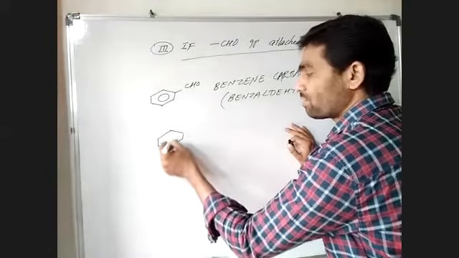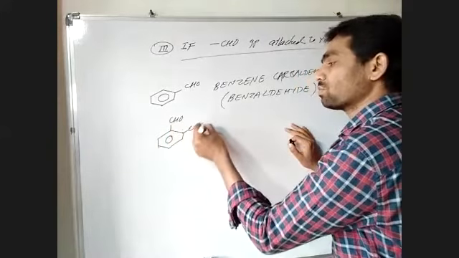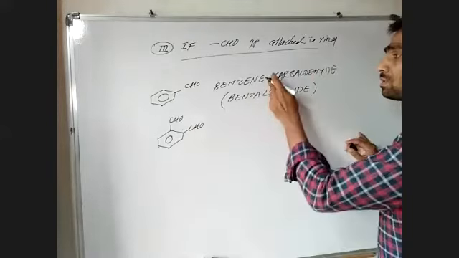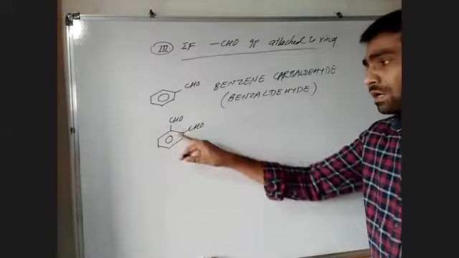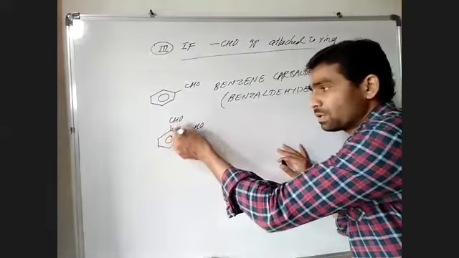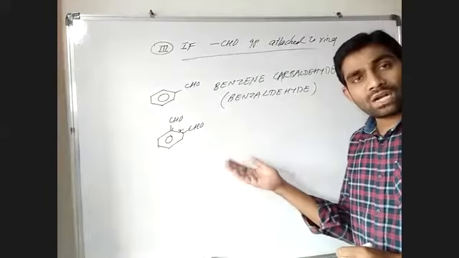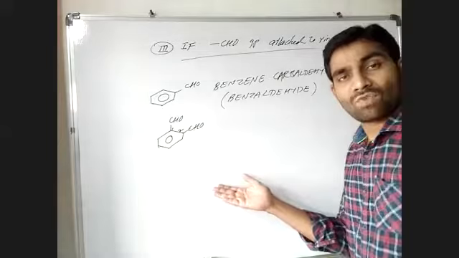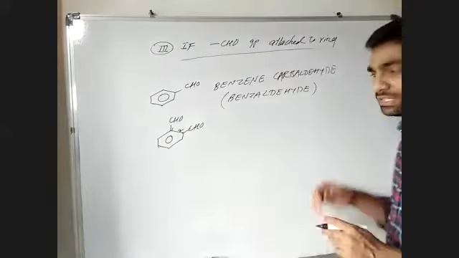Now when we have 2 CHO, what will we say? Benzene. Numbering, you have to give numbering. What will be the name for this one? Yes, produce your answer fast. Benzene 1,2-dicarbaldehyde. Very nice.